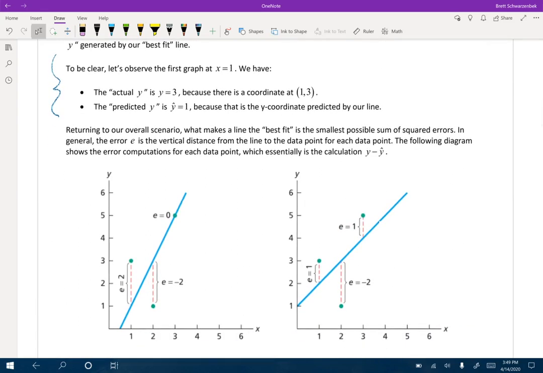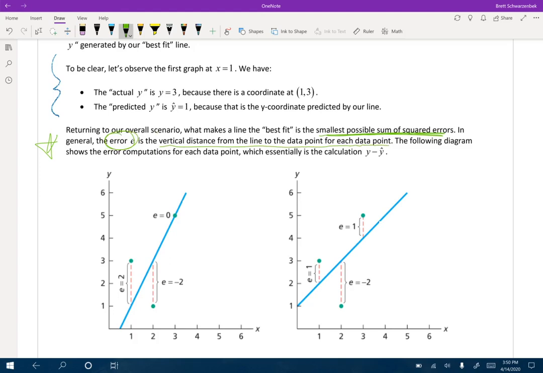Okay, so just returning to our regression stuff, which we're going to start here. It says, returning to our overall scenario, what makes the line the best fit is, again, the smallest possible sum of squared errors. In general, the error E is the vertical distance from the line to the data point for each data point.